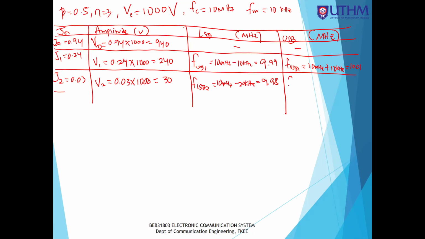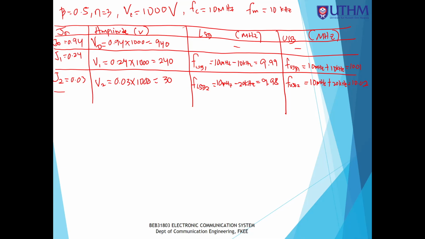And FUSB2 is equal to 10 megahertz plus 20 kilohertz, so you get 10.02 megahertz.